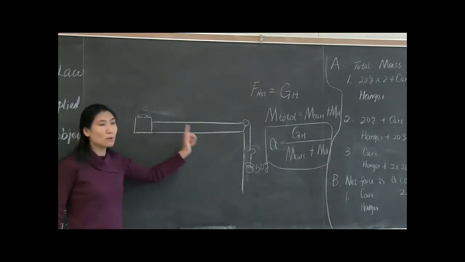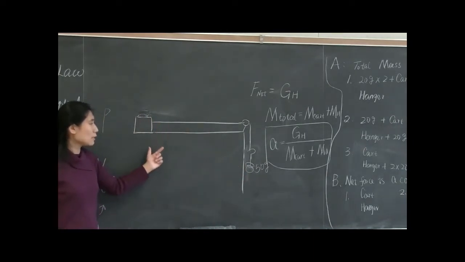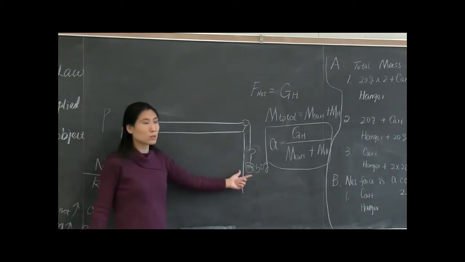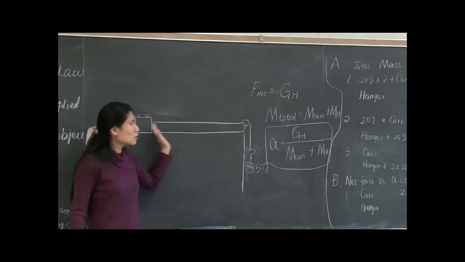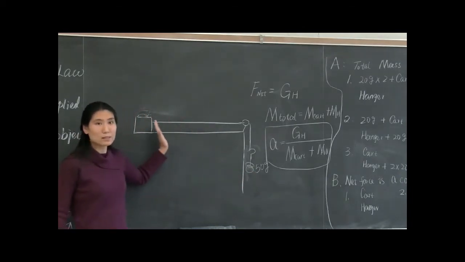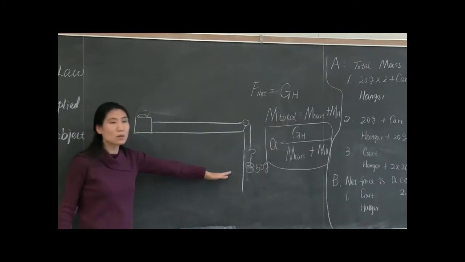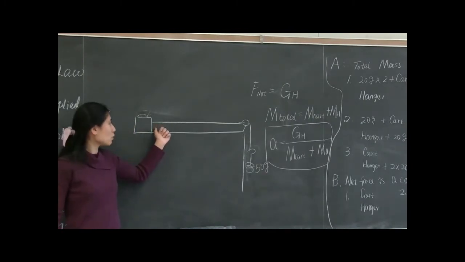So the total mass doesn't change. But the net force on the system has now increased, because we increased the gravity force on the hanger side. So we expect that the acceleration in the second measurement will be bigger than the first one.